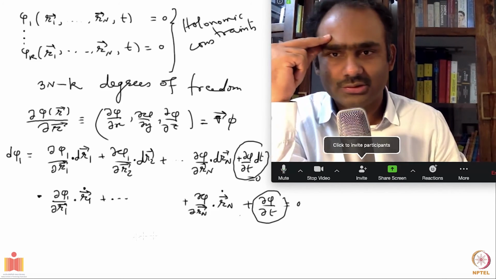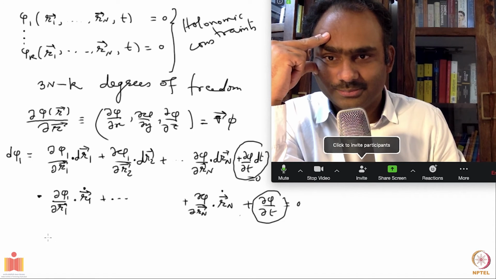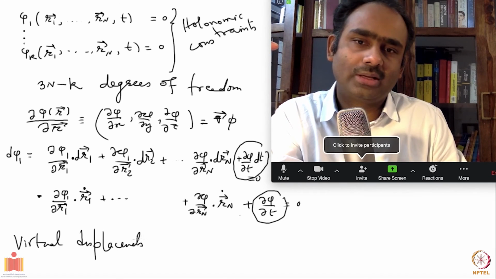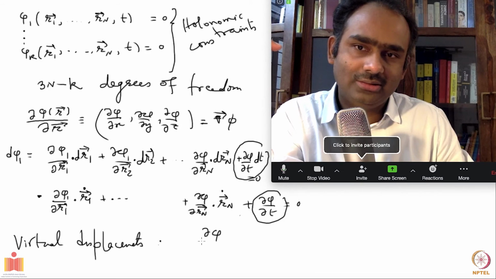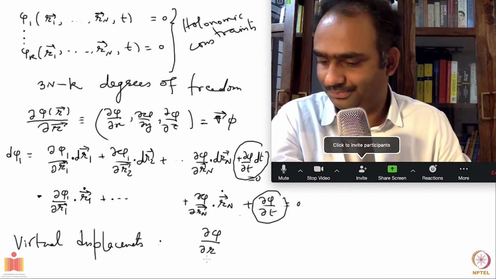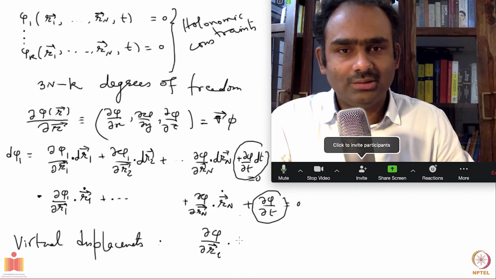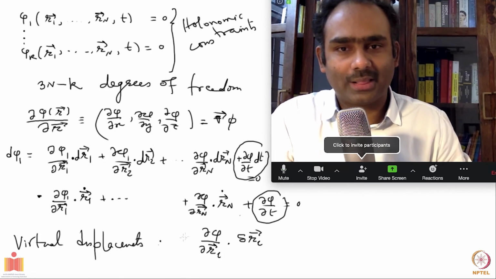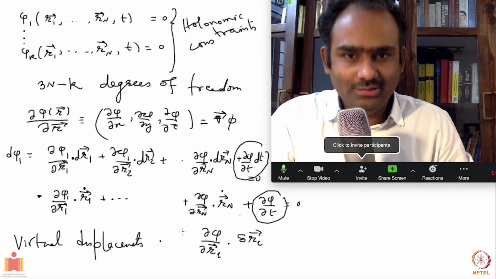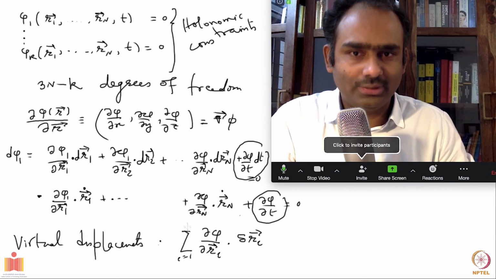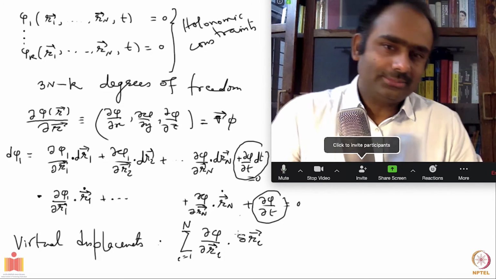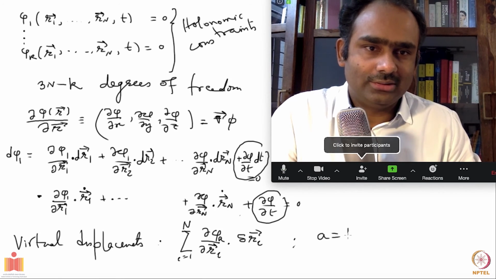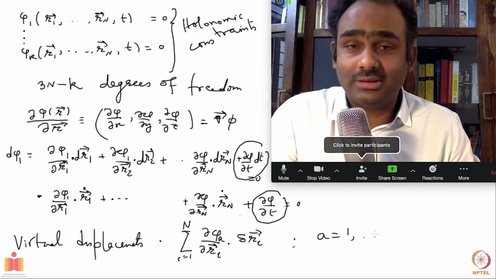So let me write in shorthand. Your virtual displacements satisfy the sum of ∂φ over ∂r_i dotted with δr_i equal to zero, so now I'm using the notation which is for virtual displacements, and i runs from 1 to n, for all the particles, and I put a label a because there are a number of constraints. a runs from 1 to k.